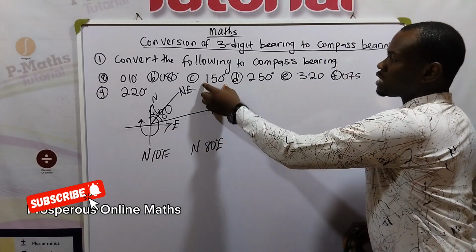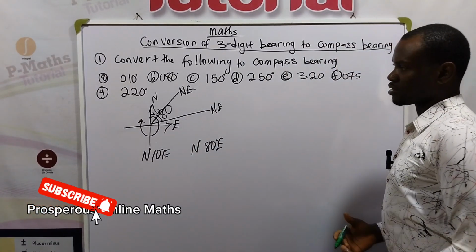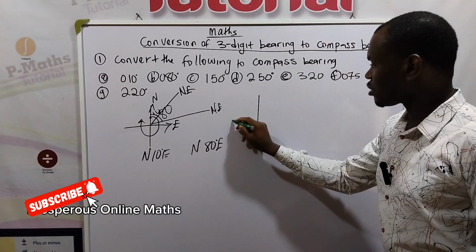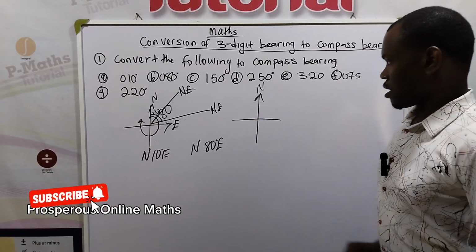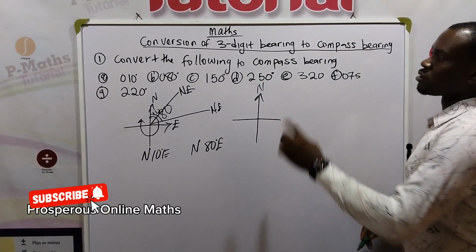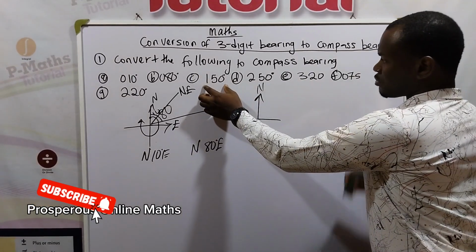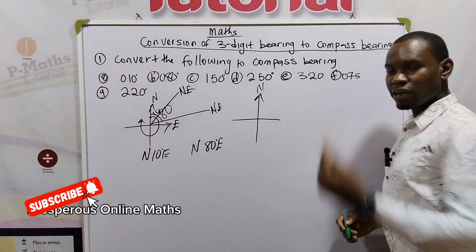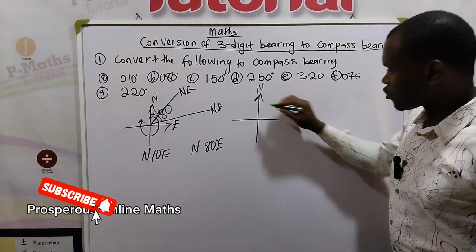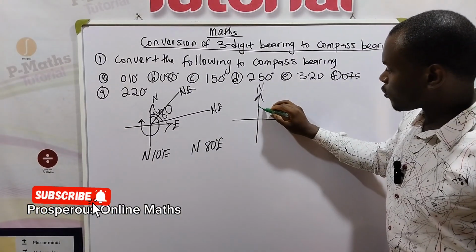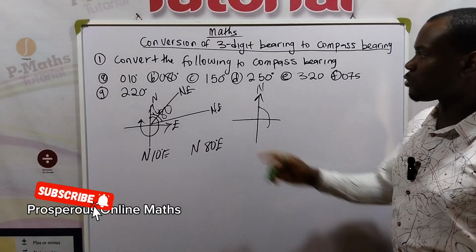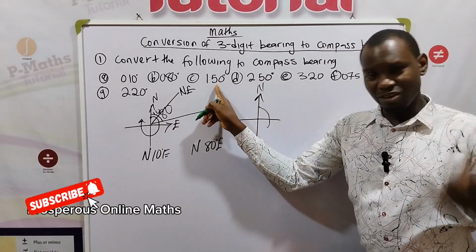Now the third one is 150 degrees. The first thing we have to do is to draw the cardinal points. Having drawn the cardinal points, here is our north pole. Remember that 3 digits bearing take reference from the north pole to the direction it is going. So we have to move from this point, the north pole, clockwise to the second quadrant because 150 is in the second quadrant.